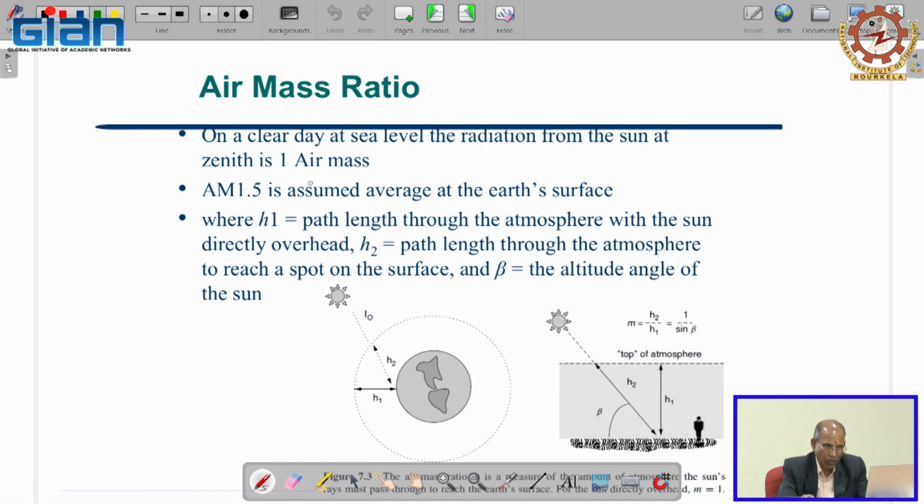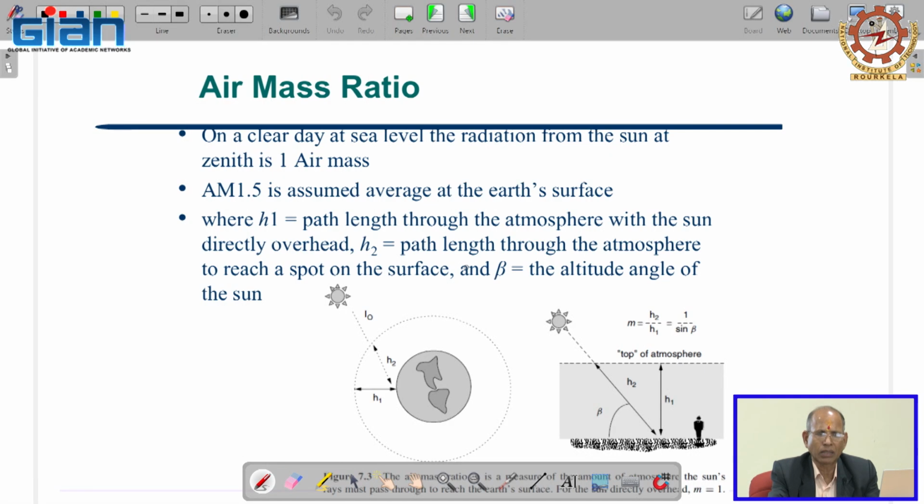Okay. So as an average, how much ratio is considered in calculation? An air mass ratio of 1.5 is assumed as the air mass ratio at the earth surface. Okay. So here you can see H1. Here H1 is the path length through the atmosphere with the sun perpendicular, directly overhead.